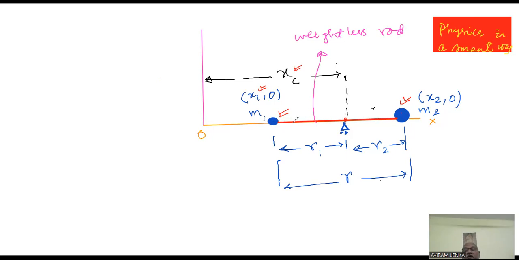When the masses are connected, they give the impression of looking like a dumbbell. They form a single system somehow. But this connecting bar has no meaning for us. That is just for our convenience. That is not physically present, in fact. So thereby we have taken these two as massless or weightless.